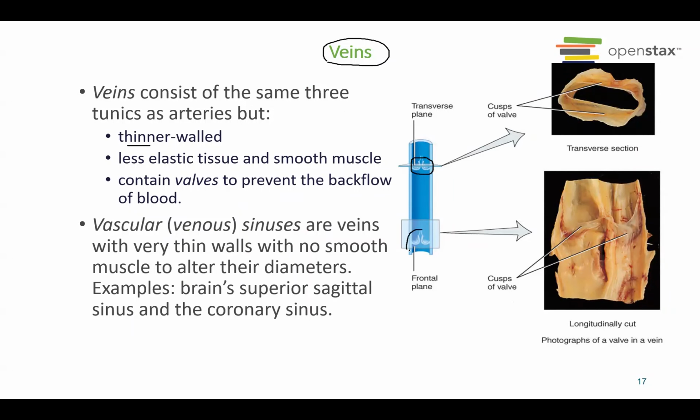This is a valve that makes the blood go only in one direction. It's just going up from here to return the blood to the heart. Okay, so the blood will not go down because the valve will be closing. So blood only goes one way. This is what we call the valve that is present in the vein.